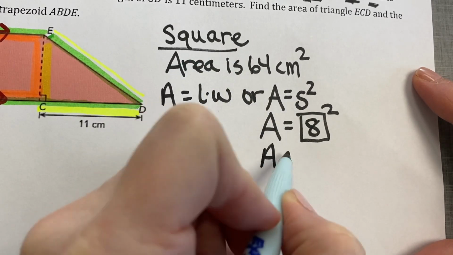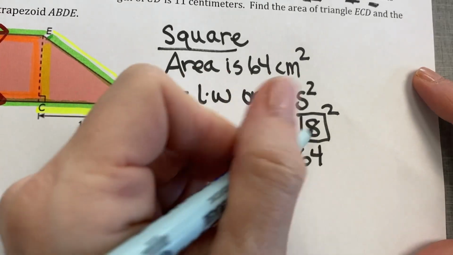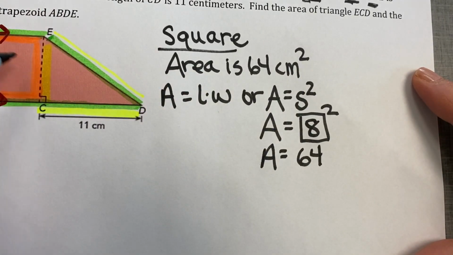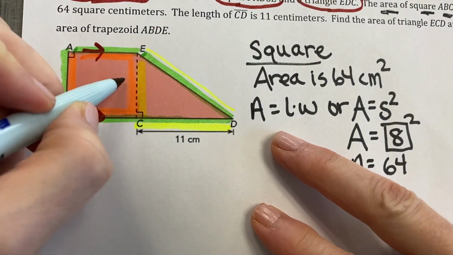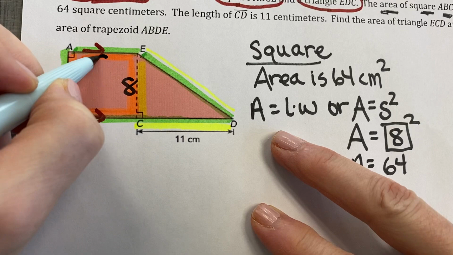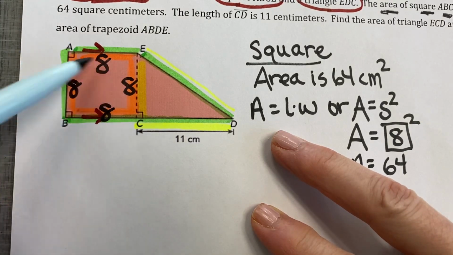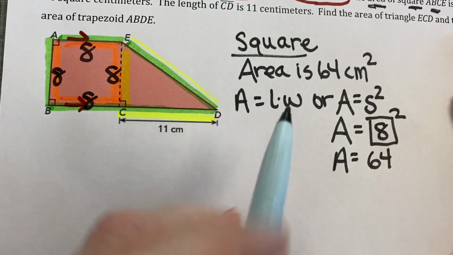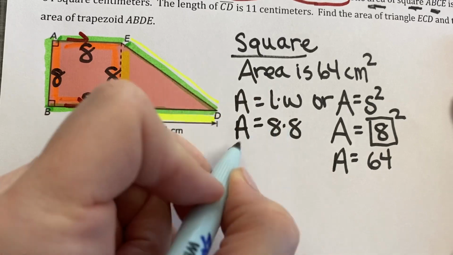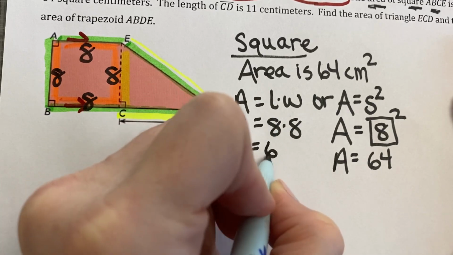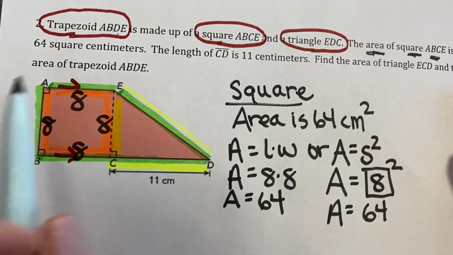Because 8 times 8 is 64. And that's what we want because all the sides of a square are the same. So if we make this 8, and this 8, and this 8, and this 8, it's a square. And even if you look at length times width, it's still going to give you 64 because 8 times 8 is 64. Bingo. Perfect. So that was really important information to help us get some sides.